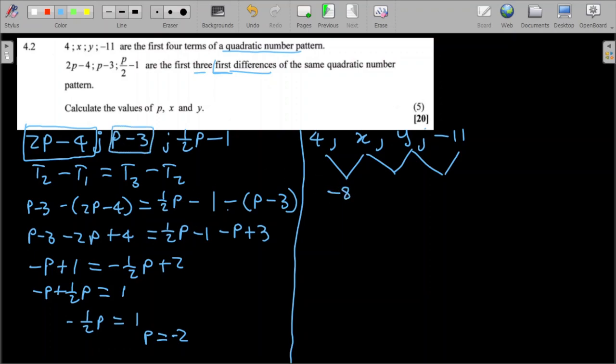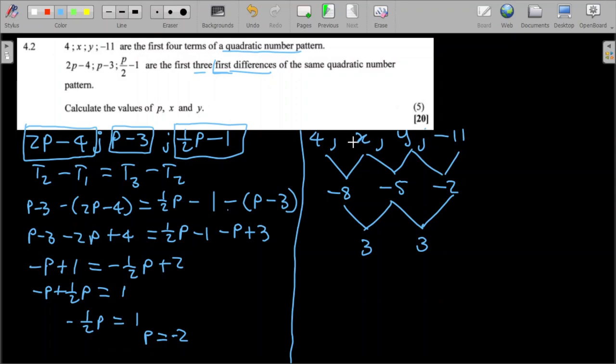And also substituting here, negative 2 minus 3 gives me negative 5. And then here, 1 over 2 times negative 2, and then minus 1, gives me negative 2. So now finding the difference, negative 5 minus negative 8 gives me 3, and negative 2 minus negative 5 is also giving me 3.